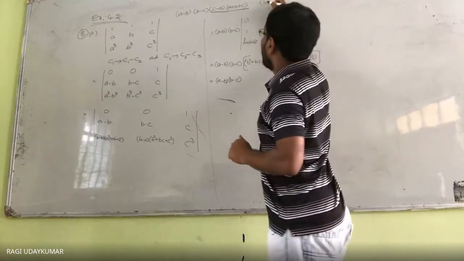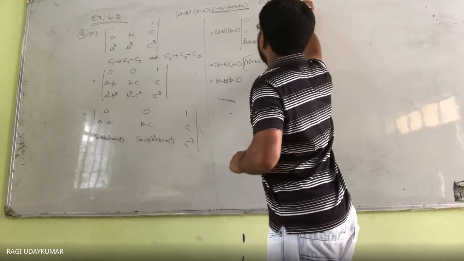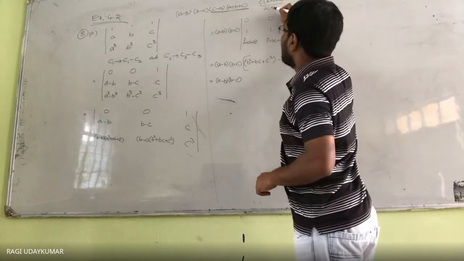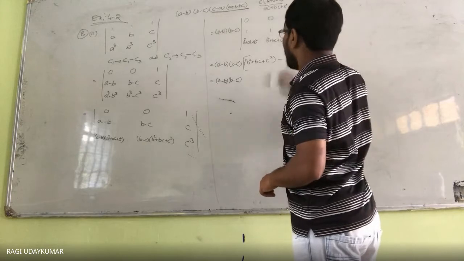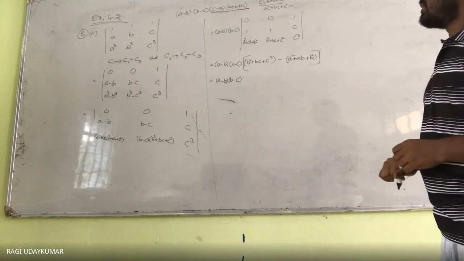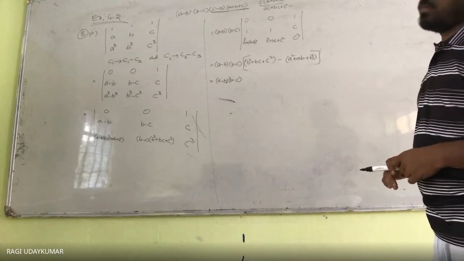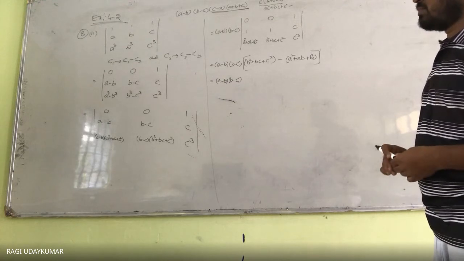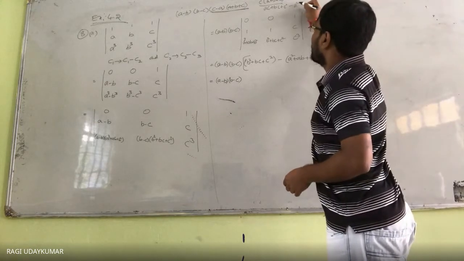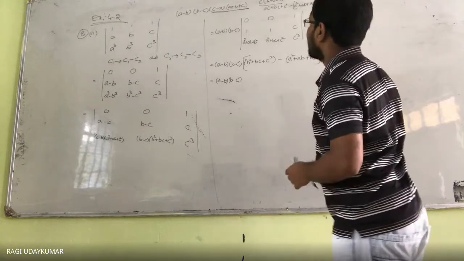So C into (A plus B plus C) minus A into (A plus B plus C). So this you can write as AC plus BC plus C square, and all the minus whatever you are having: minus A square in the brackets, plus AB plus AC.